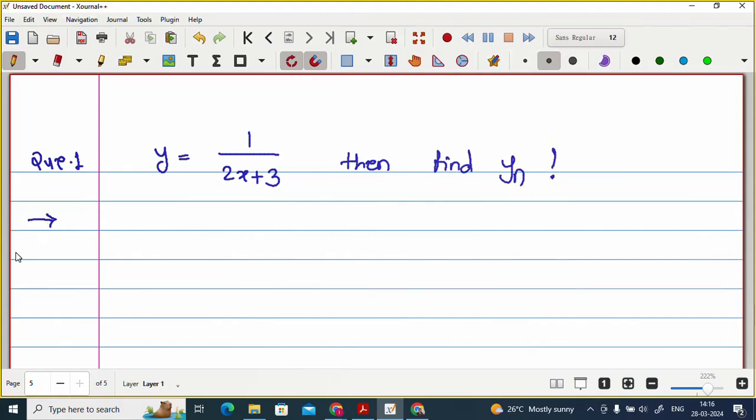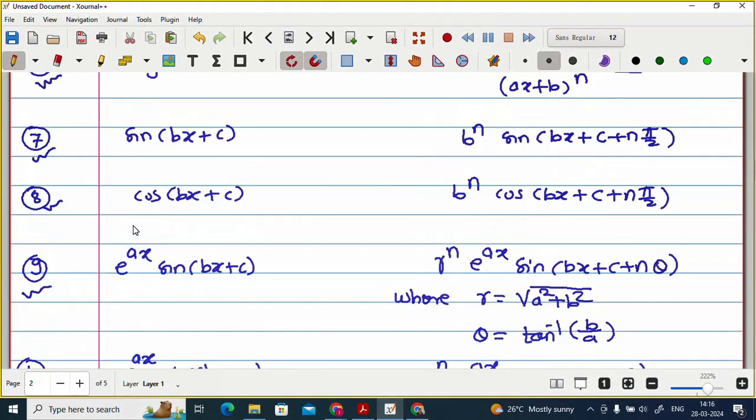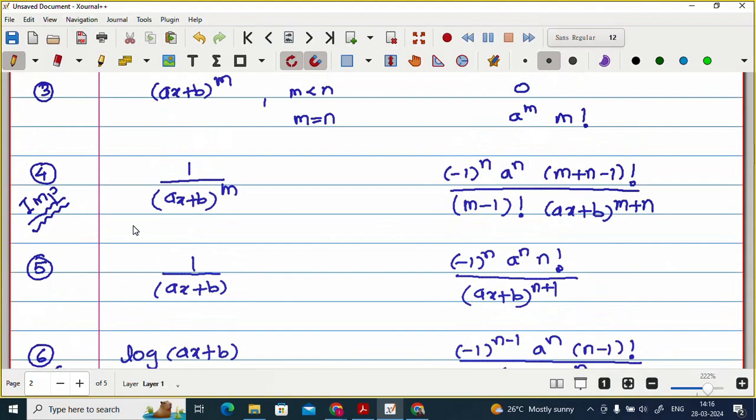Do we have any formula for this? Okay, let me show you the formula list. If y is equal to 1 upon 2x plus 3, can we write the nth derivative directly by using some formula? Can you tell me the number?